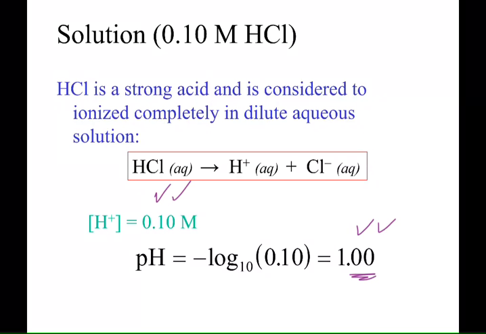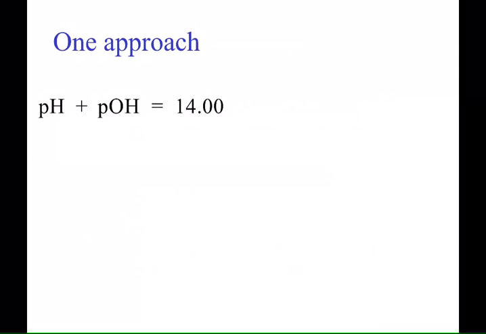All right, very good. Well, that's 2 out of 4. Now we can do it a few different ways. I probably would go for the pOH. So it's 14 minus the pH would give you the pOH. Added together for a dilute solution like this, pH plus pOH is going to be 14.00.